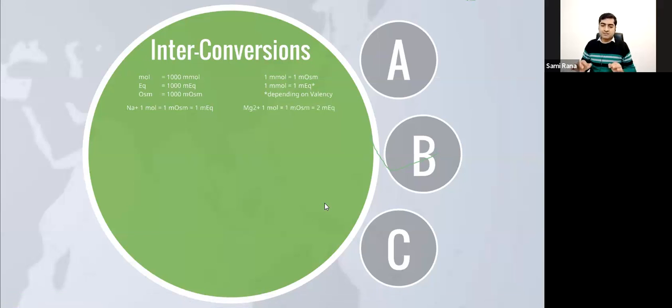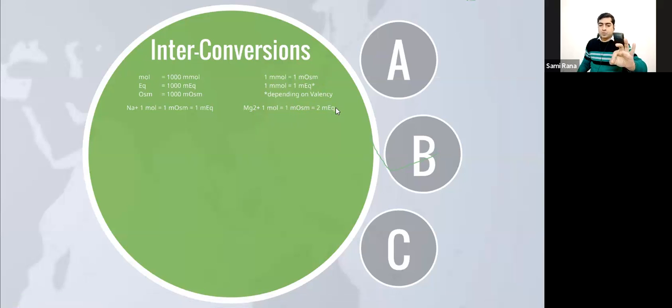But when we see magnesium here, it has a valency of 2. So 1 millimole here is going to be equal to 1 milliosmole, as I have told you that the relationship between osmoles and moles is always the same. But because of the valency of magnesium, there are now going to be 2 milliequivalents here. If we go back from here, we ask how many milliosmoles or millimoles are there in 2 milliequivalents of magnesium.